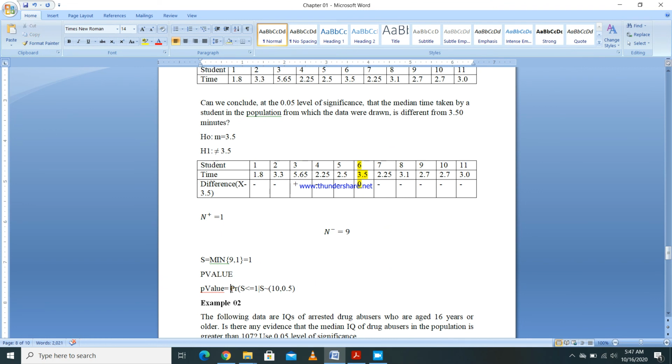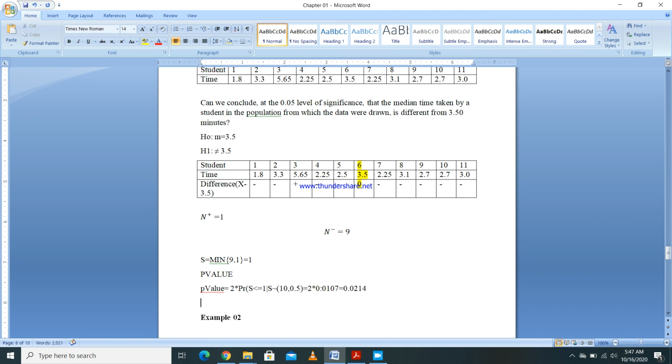Since this is a two-sided test, you have to multiply this probability value by 2. So from the table we have 0.0107. You have to multiply that by 2, where you have 0.0214.